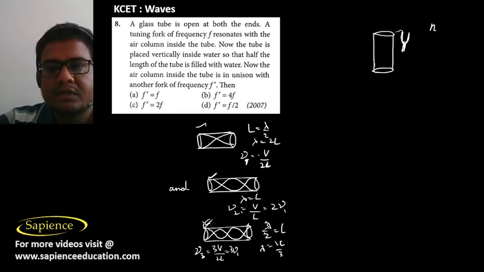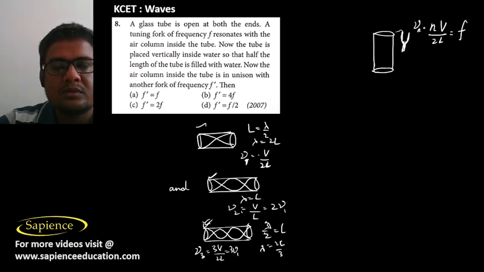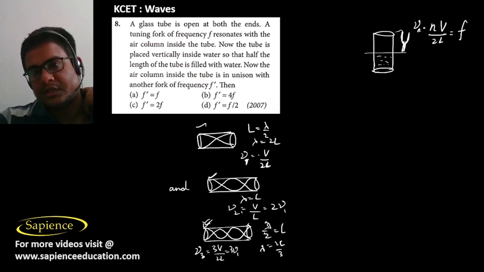So then we can say nu n equals n V by 2L, which is resonating with the tuning fork frequency. Now the tube is placed vertically inside water so that half of the length of the tube is filled with water. Now the air column inside the tube is in unison with another tuning fork of frequency f dash.